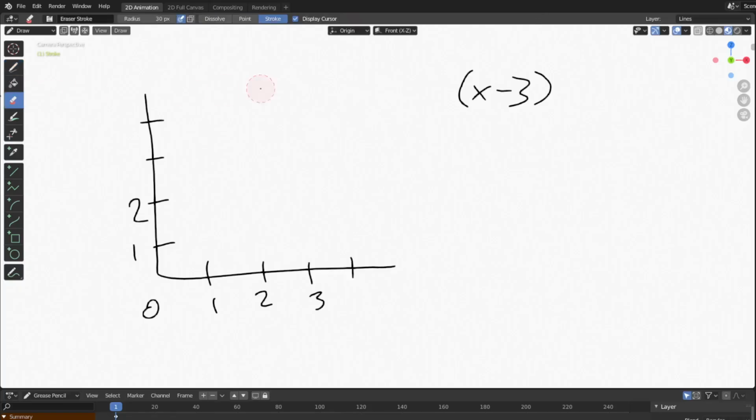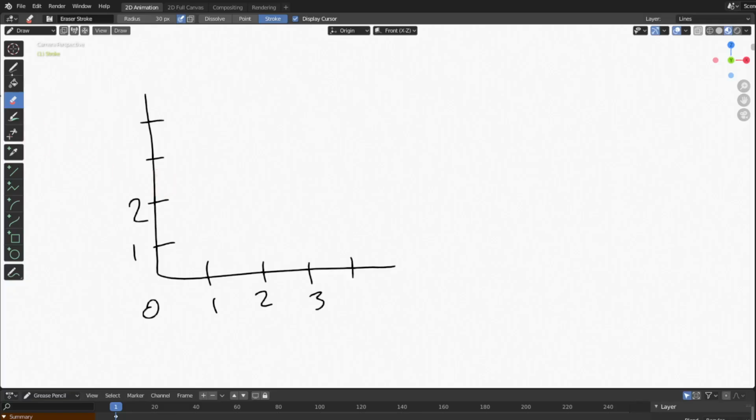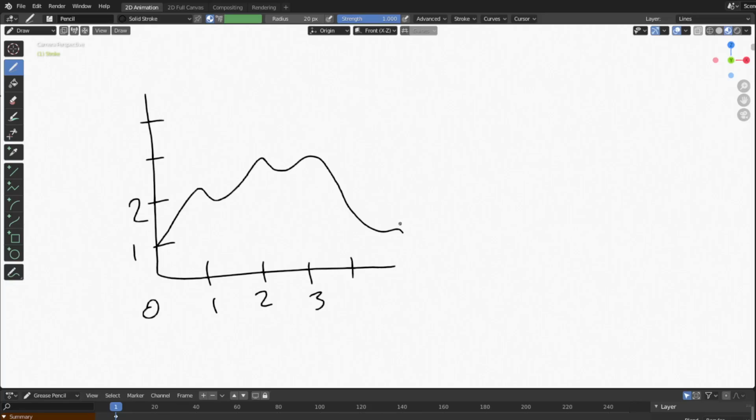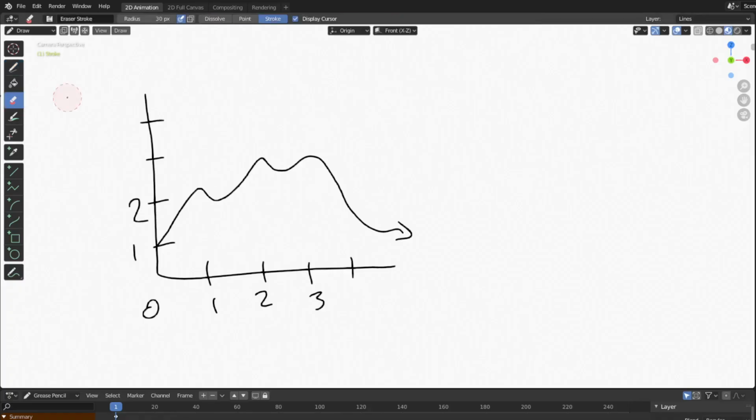But if we just have, I'm just gonna draw it out. We have to make this actually a function. But we're gonna say that there is a point.